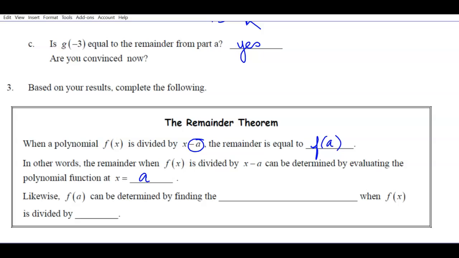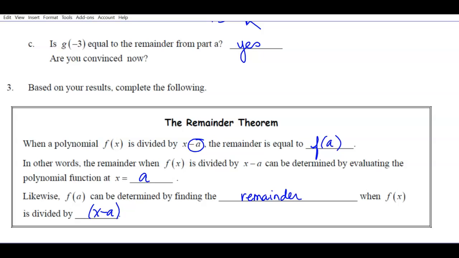That's exactly what f of a is doing. Vice versa, f of a can be determined by finding the remainder when f of x is divided by x minus a. Kind of like a biconditional statement, either way.